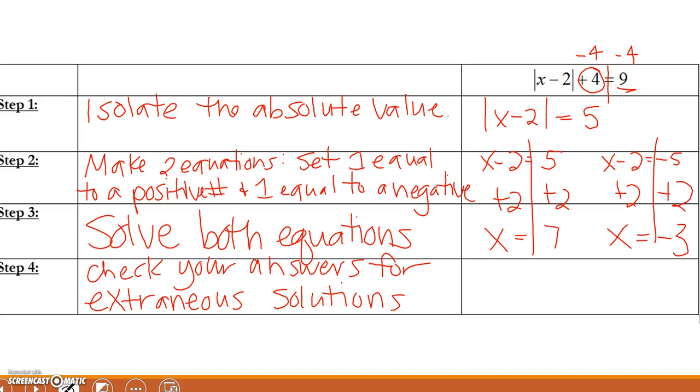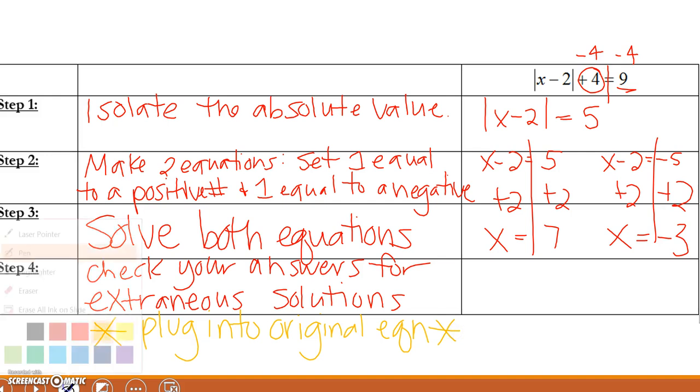And whenever you check, you need to make sure that you plug your two answers into the original equation. So the one that's typed out for you is the one that you plug in. So I'm going to take my 7 and plug it right in for that x.